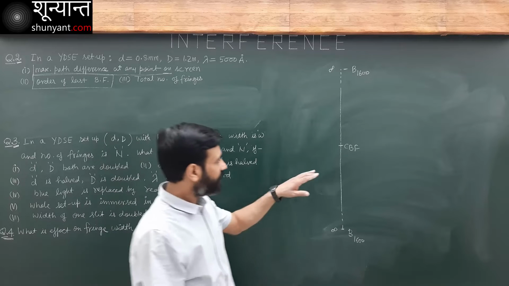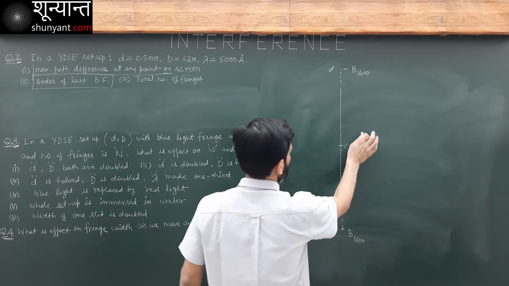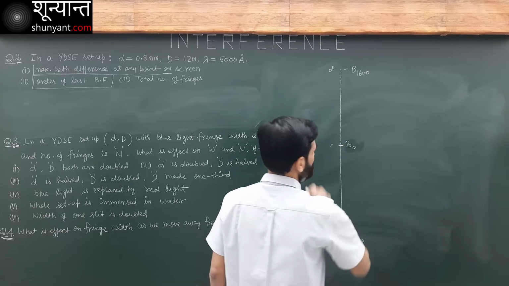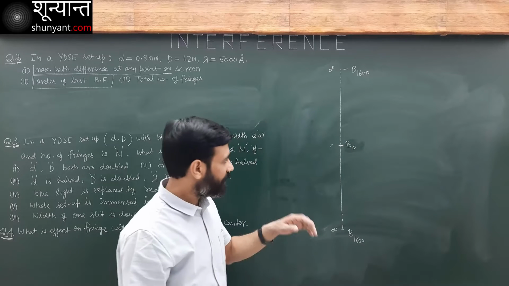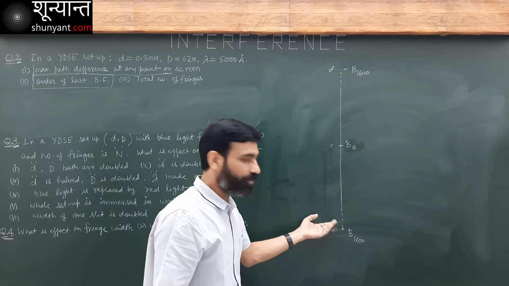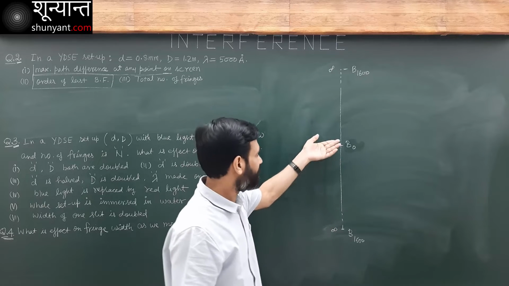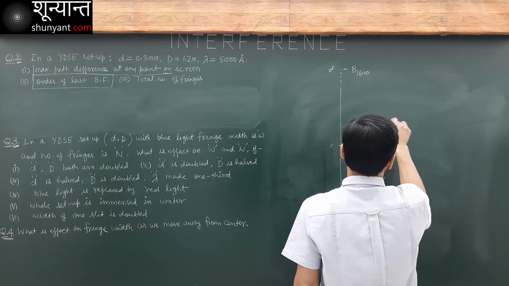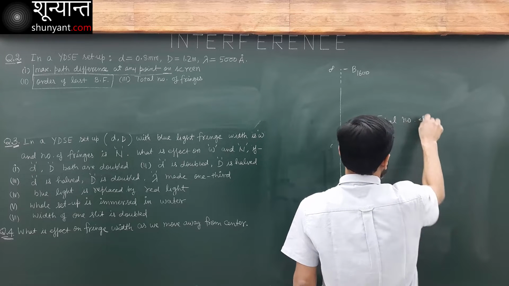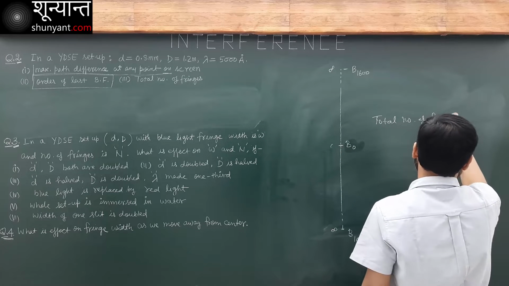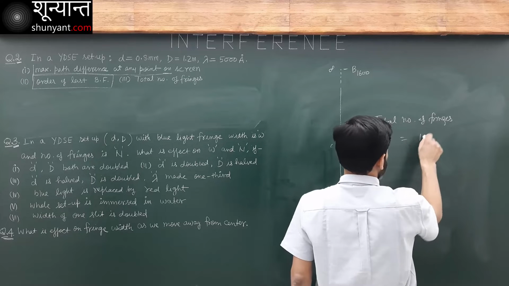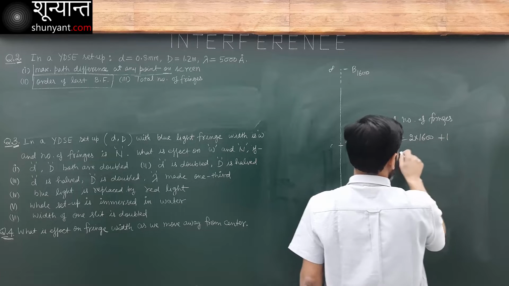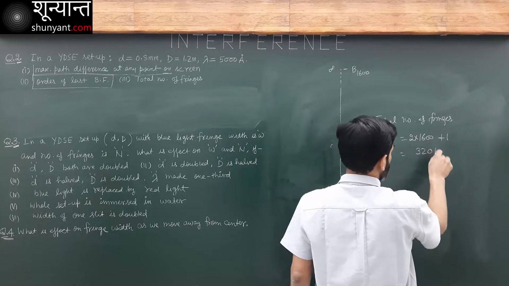This is zero order, B0. So 1600 bright fringes below the center and 1600 above it. What is the total number of bright fringes? It is 2 times 1600 plus 1. This is 3201.